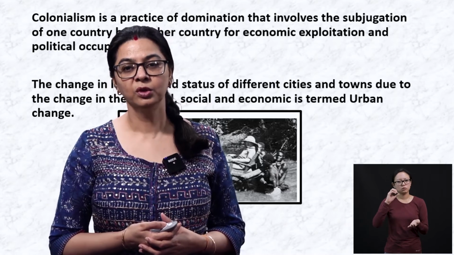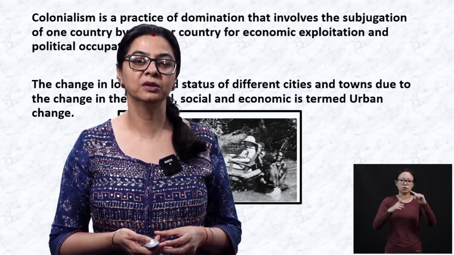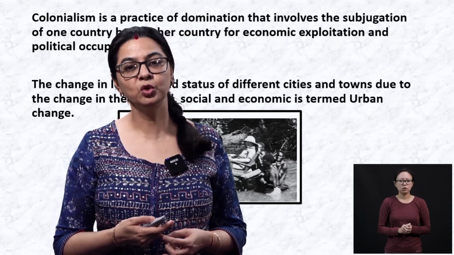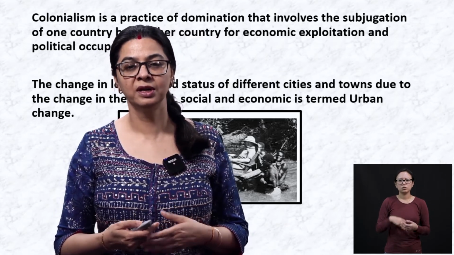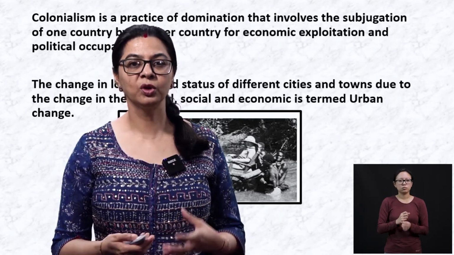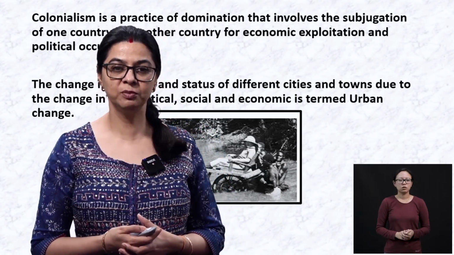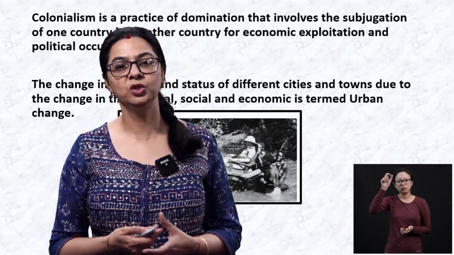Also, the rules and laws were made only for the Britishers, to exploit the citizens as well as the economy further. That is what the practice of domination means, and that is what the Britishers before 1947 were doing.